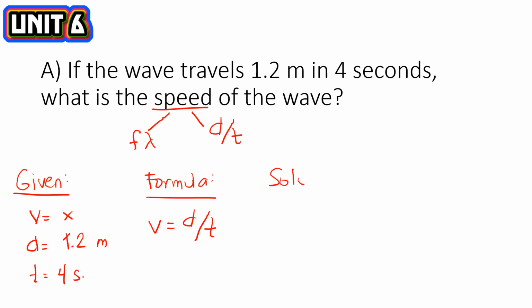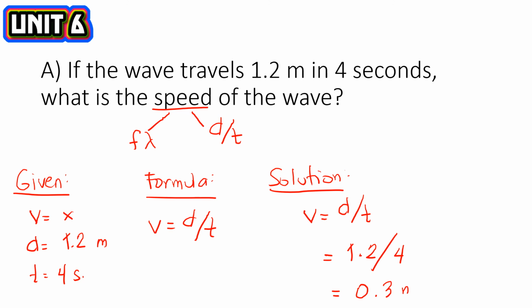So our solution: speed is equal to distance over time. The distance is 1.2 meters divided by your 4 seconds, and you will get an answer of 0.3 meters per second. So this will be our final answer.